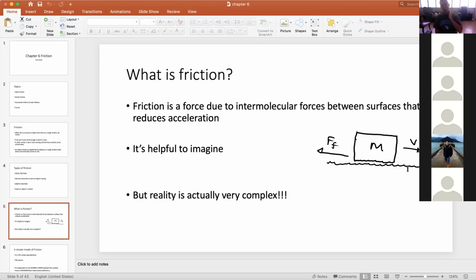But what it actually is is intermolecular forces. Those of you in chemistry know this. There are electrons floating around in all these atoms between the two objects, and they're interacting with each other. Friction is when basically motion is turning into energy and being released as heat and light and all sorts of other things.